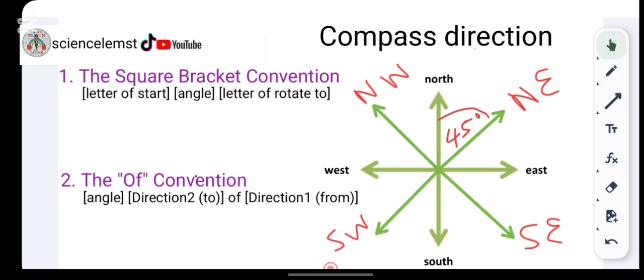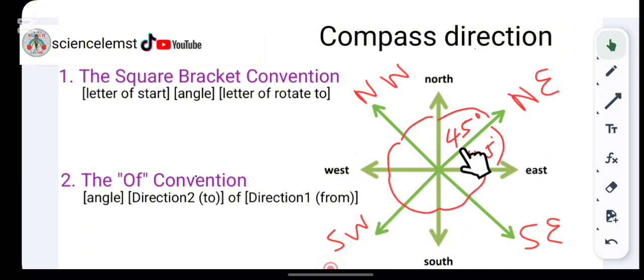So the angle from the north to the vector must be 45 degrees for me to say northeast. The angle from the east to the vector must also be 45 degrees. Same applies throughout, all of these angles must be 45 degrees in order for me to say northwest, northeast, southeast, southwest.